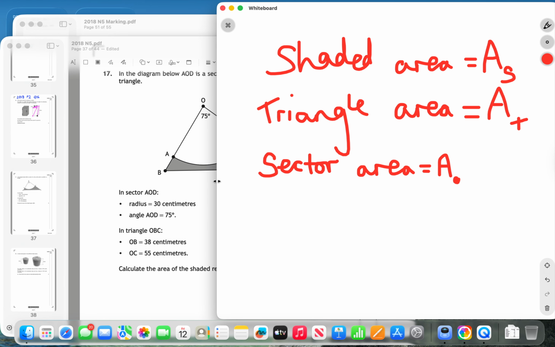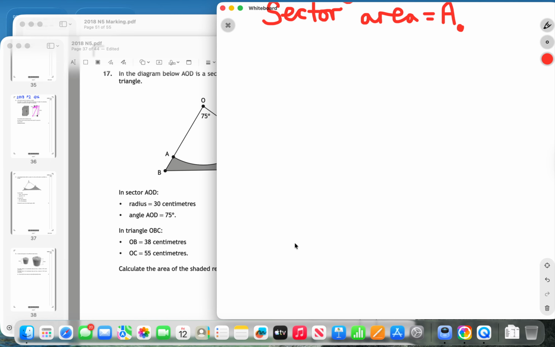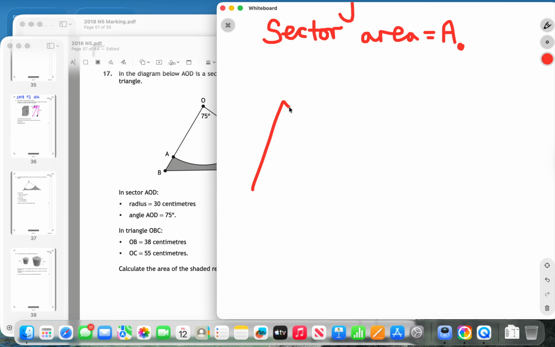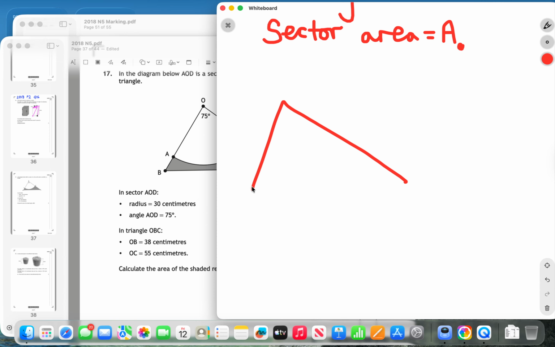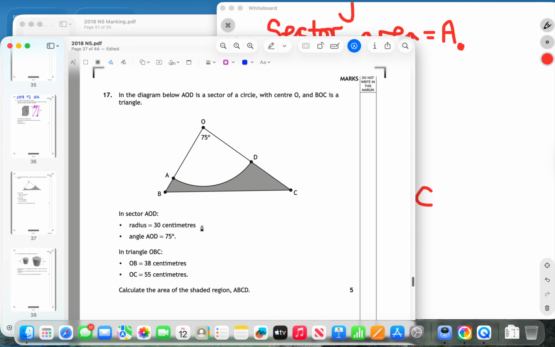We can first of all find the area of the triangle, and if we draw this out, we're going to ignore the partition between the shaded region and the sector. We're talking about OBC, just the entire thing. So that is O, B, and C. The dimensions are not given on the shape. You have to read the text.